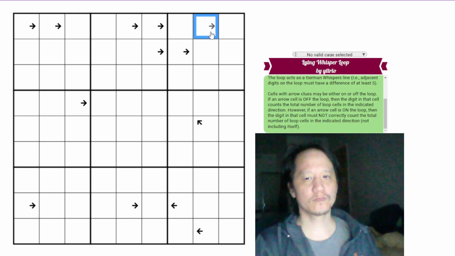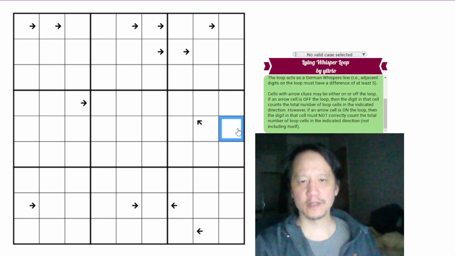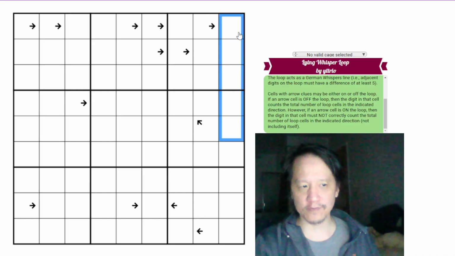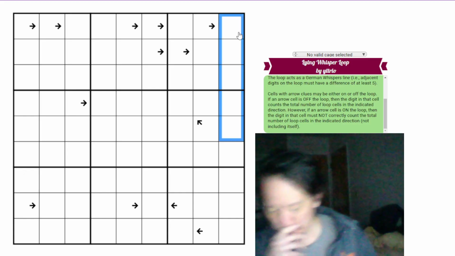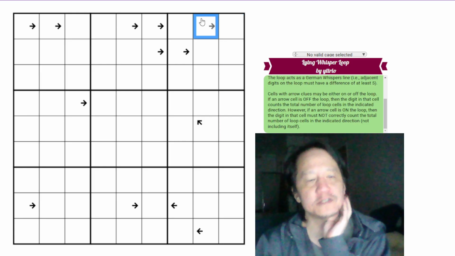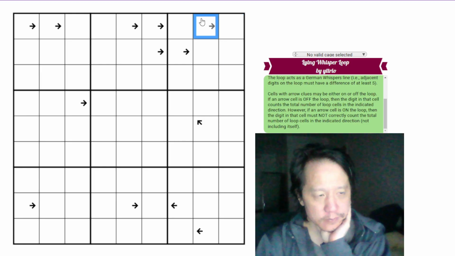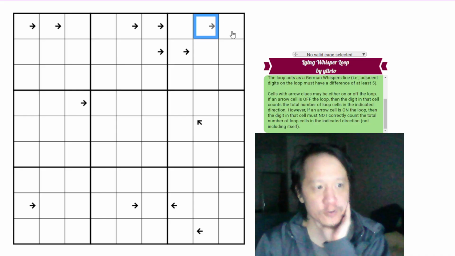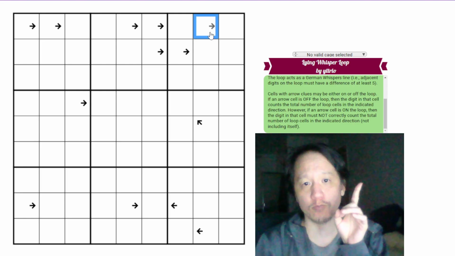Wait. Sorry, it's off the loop. Either this cell is off the loop, which makes it a 1 at most, but then that would have to essentially have something on the loop. So if this is off the loop, it has to have a value, which means it has to be 1 at least.